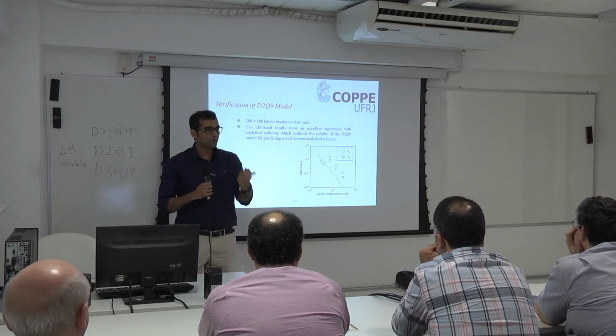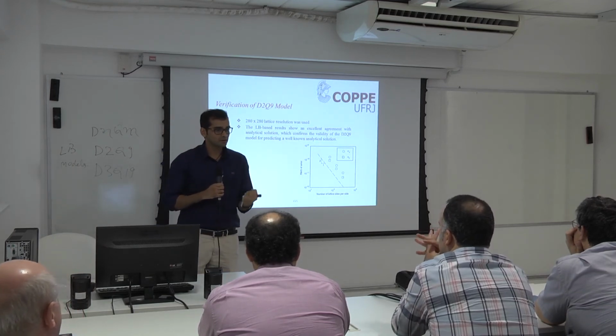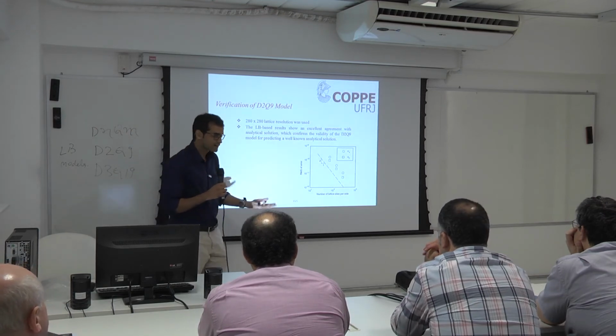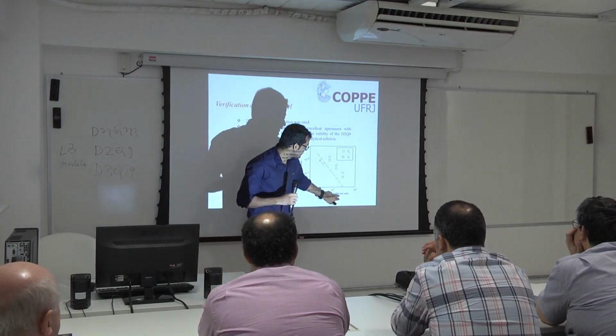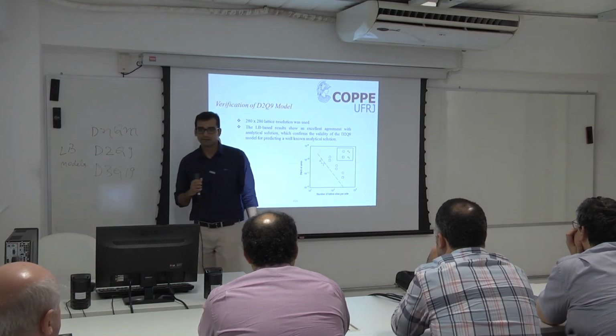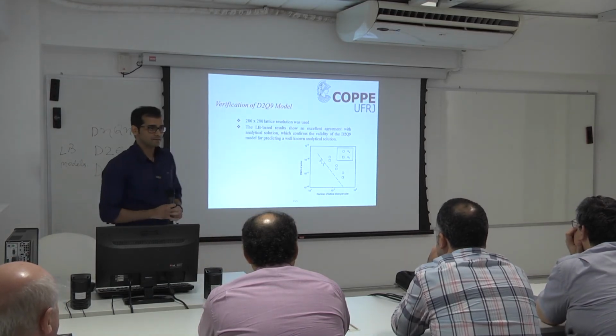Why? Because the more efficient the propagation of my distribution function would be. Do you agree? And that's how, when you increase the number of lattice points, you see the error goes down. That's magnificent. That's beautiful.